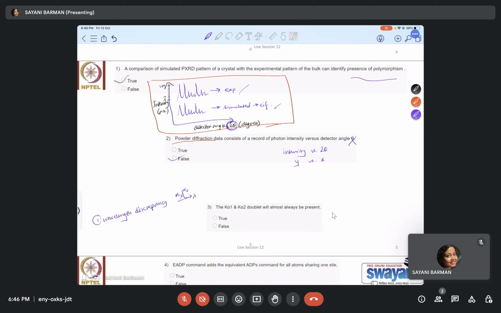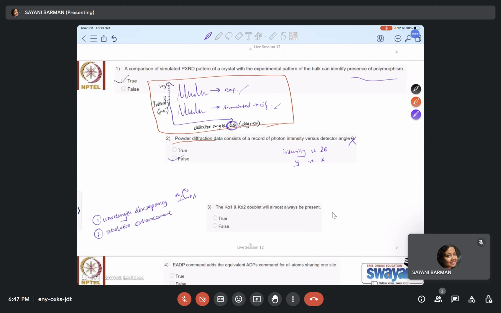The next one is resolution enhancement. Using both the K alpha 1 and K alpha 2 lines allows improved resolution.